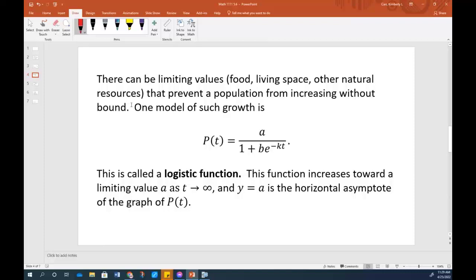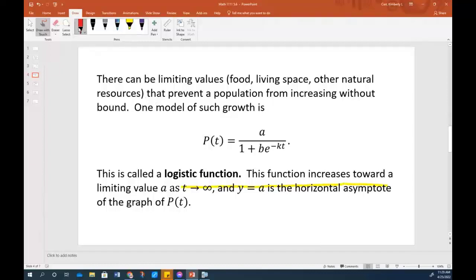So we have a level where we just kind of see that population level off. And this is one of those types of formulas that's going to level off, and it's called a logistic function. Now, one important thing I would tell you to point out is that as t heads to infinity, then y is going to then we're going to have this horizontal asymptote.